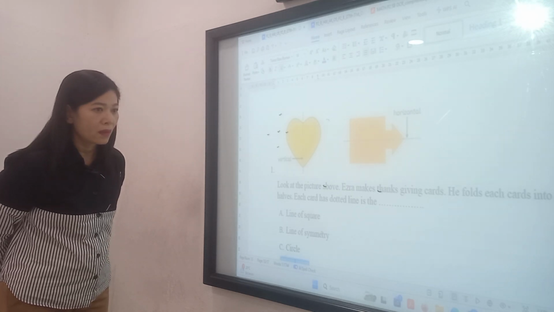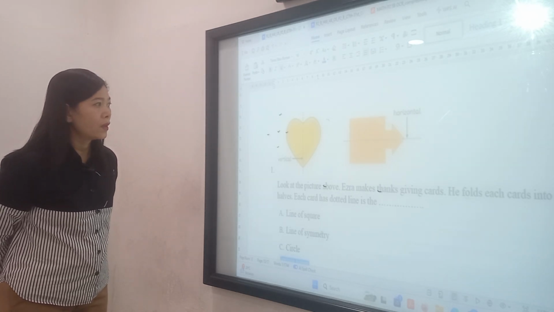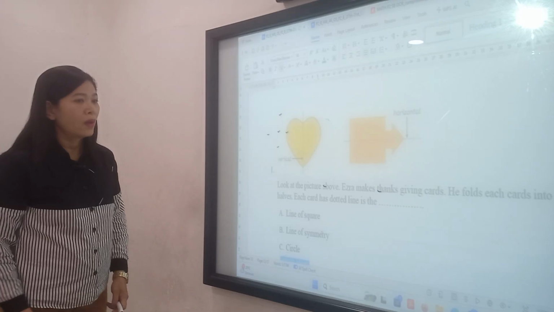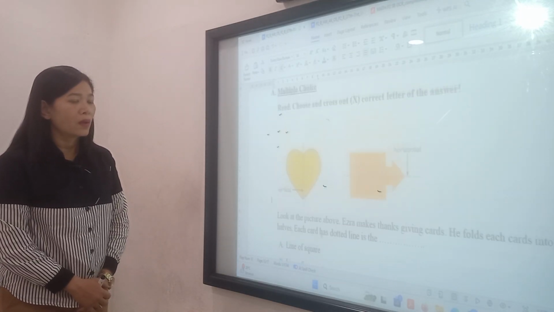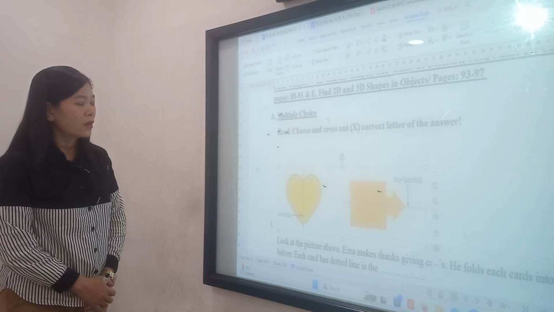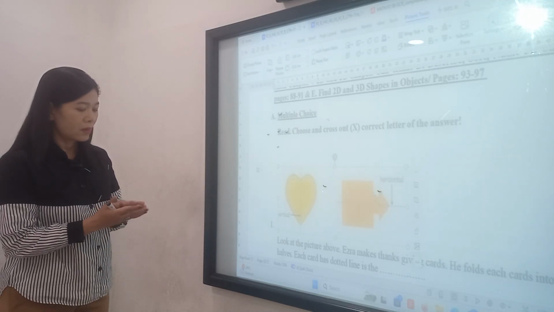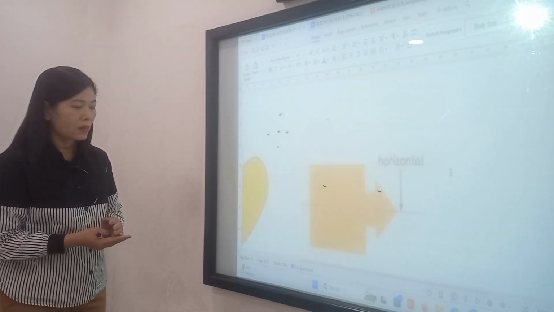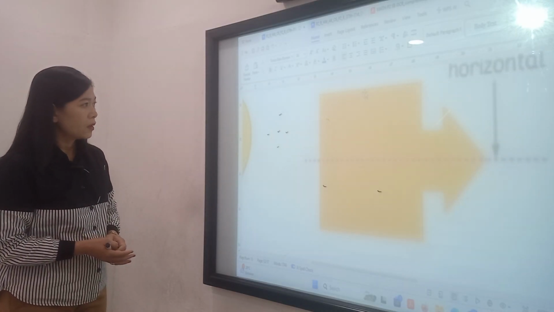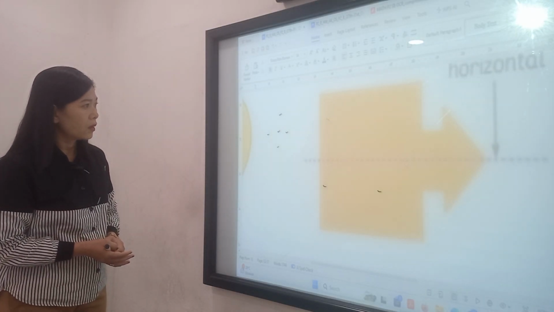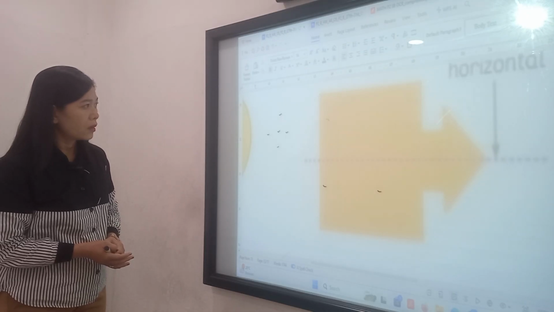The answer is four. That's why I asked how you deliver this to the students. You try to draw the square, and you will have that the lines of symmetry of a square are 4: 1, 2, 3, and 4.